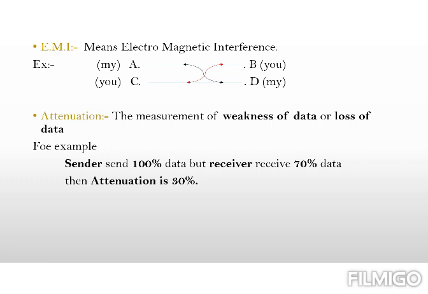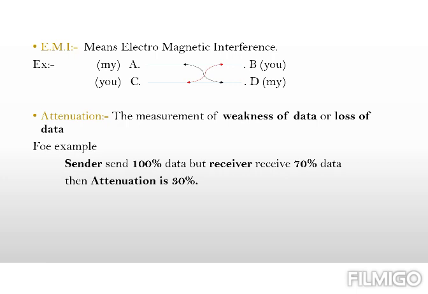That means A and C send 100% data, but B and D received 100% wrong data due to magnetic. That is called interference. So EMI means electromagnetic interference.